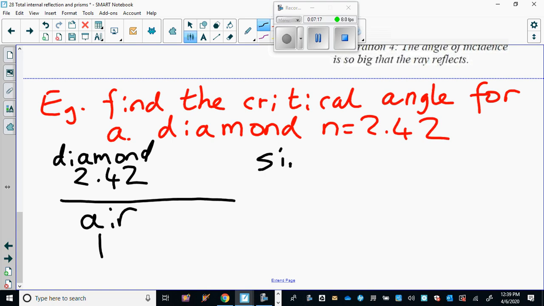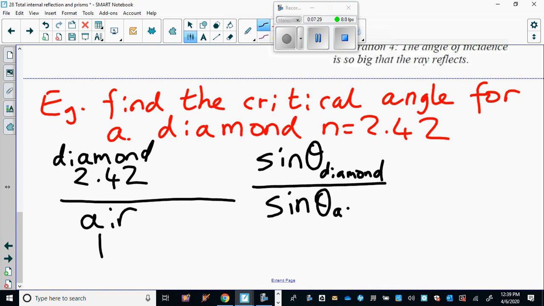So it's going to be sine theta diamond divided by sine theta air equals, and then our n values, n air, n diamond.